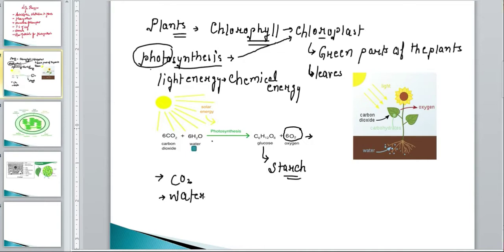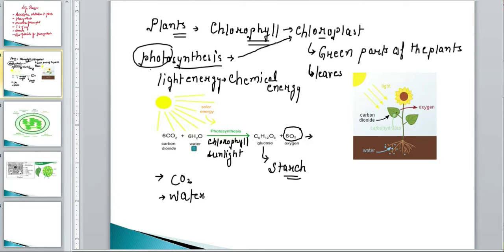So over the arrow we can write chlorophyll because here the pigment is necessary. And over the arrow we can write sunlight as well. Chlorophyll is present in the chloroplast of the cells in the leaves, that we know. So this is the equation which we have to learn for the photosynthesis.